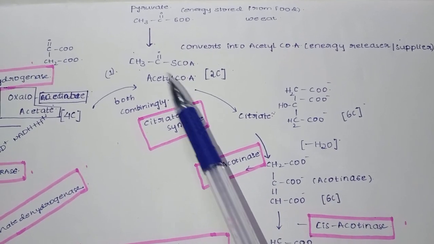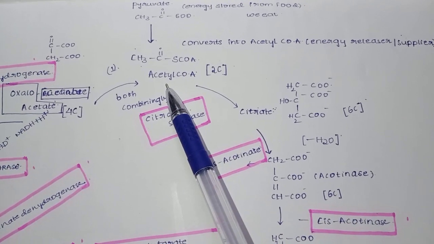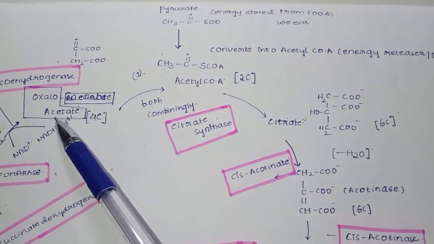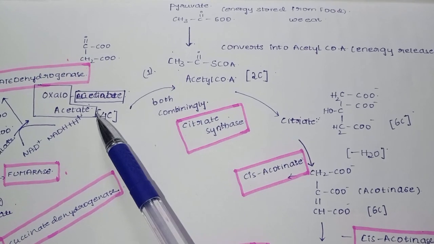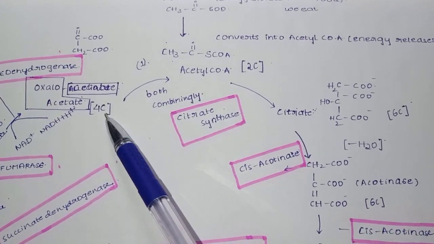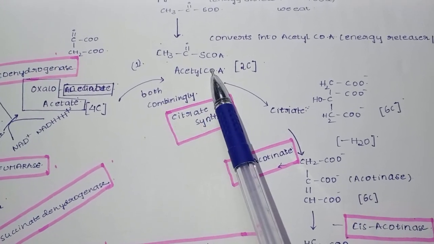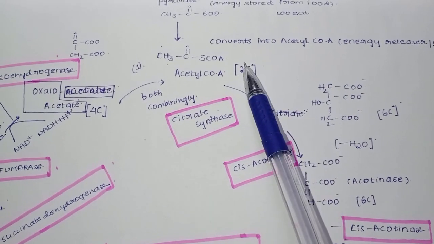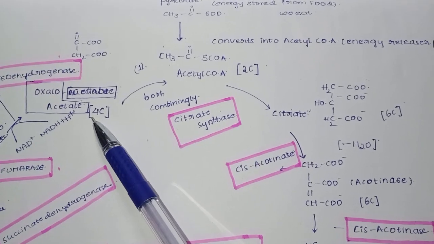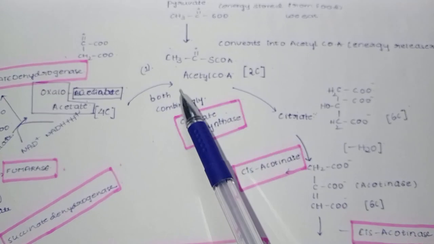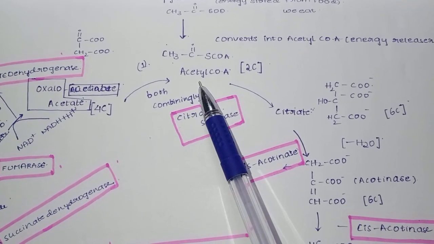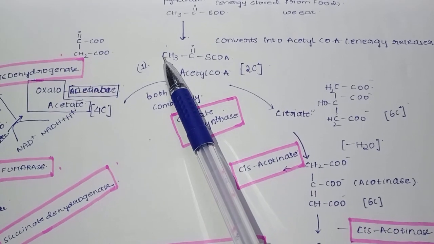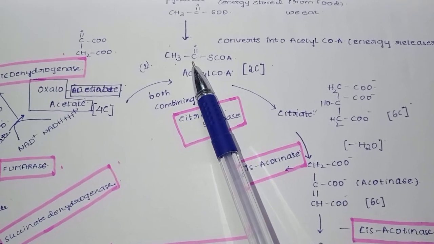So here I am saying that acetyl CoA combines with oxaloacetate, which is a 4 carbon compound, 4 plus 2 is 6. That's why I mentioned that citrate is a 6 carbon compound. Here oxaloacetate is a 4 carbon compound and acetyl CoA is a 2 carbon compound, because here we have only 2 carbons, 1, 2.